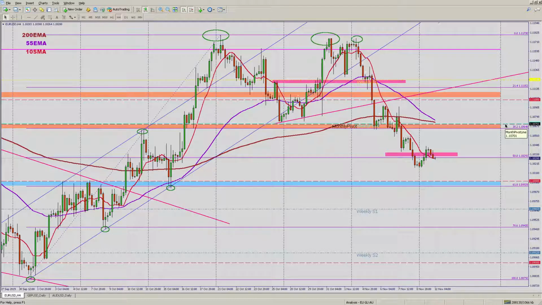The monthly pivot is at 110.70, and both the 55 and 200 period EMAs on the 4-hour time frame are coming down to support that as a significant resistance area. So we'll see whether it's able to retrace back higher to the 38 fib area, or whether it's going to fall straight down to the 110 level and the key support zone with the 62 fib retracement area.